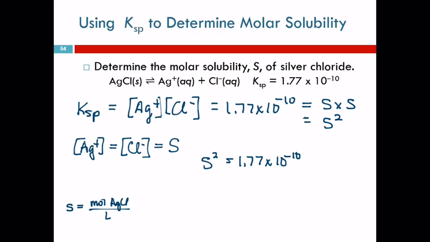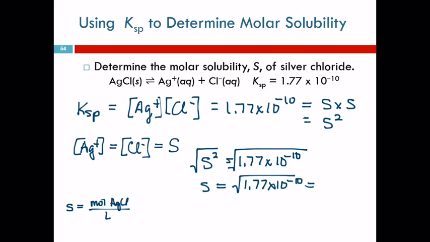Any questions yet? I want to know what S is, so I'm going to square root that side, and I'm going to take the square root of this side. S is the square root of 1.77 times 10 to the minus 10.